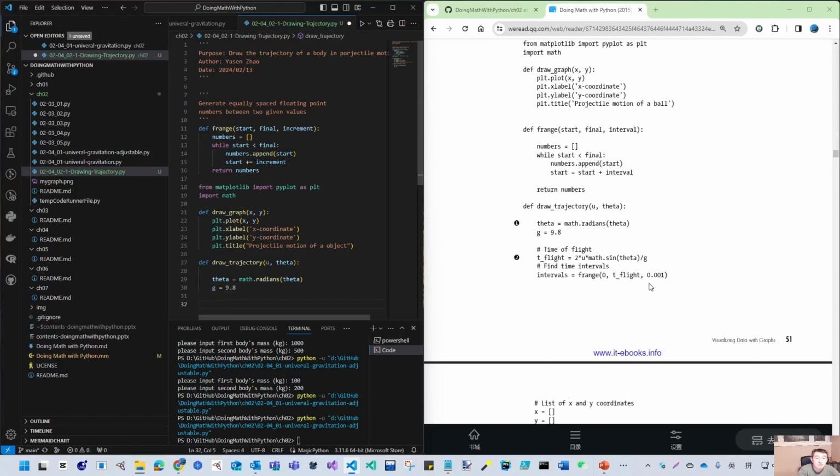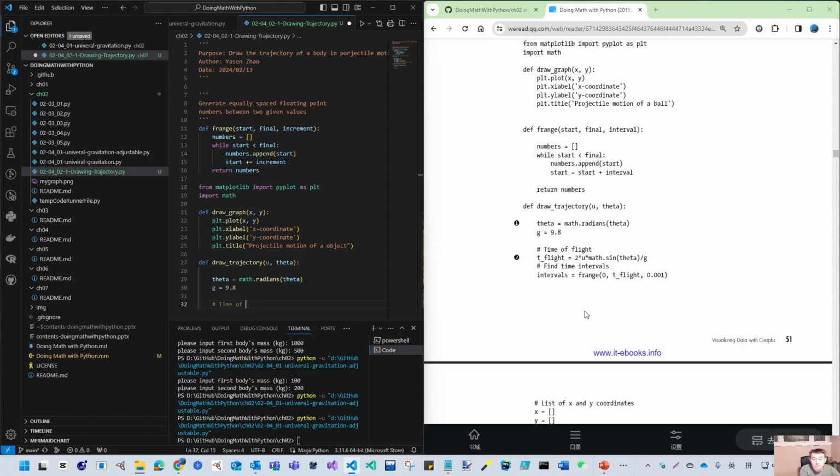This constant is small g because in physics small g and capital G have different definitions. Here I don't use a capital letter to refer to constants, but whenever you can, that will be good, so that people know this g is not a variable.